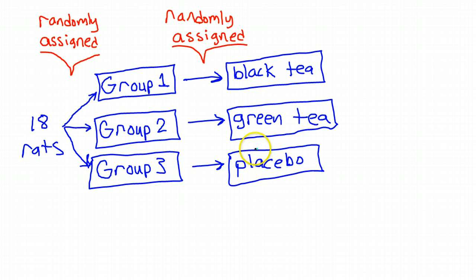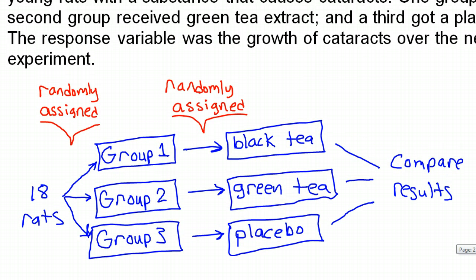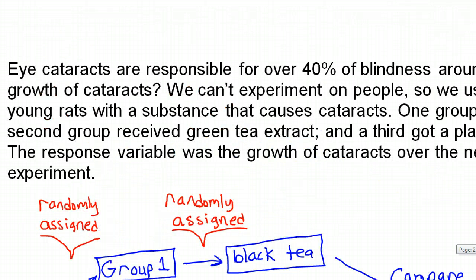So it could have easily gone a different way, where group 1 got the placebo, group 2 got the black tea, and group 3 got the green tea. So we're going to randomly assign the treatments. And then we're just going to compare the results. And that's how you could do a good experiment design for this particular situation.